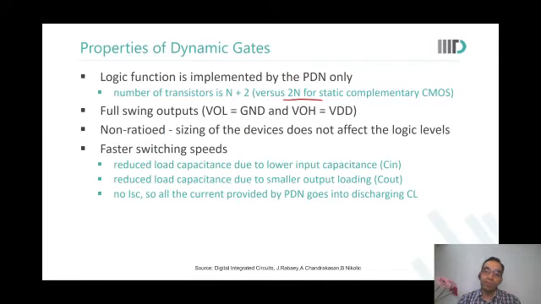And as soon as you reduce the number of transistors that an input goes to, you've reduced the logical effort. Since you've reduced the logical effort, the overall path delays reduce very significantly. So there is reduced input capacitance and reduced output capacitance also, and therefore overall delays are expected to be less.